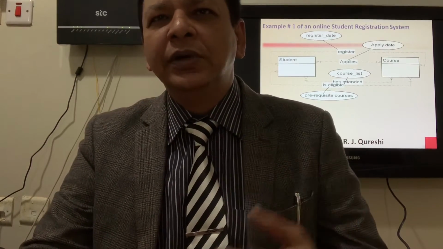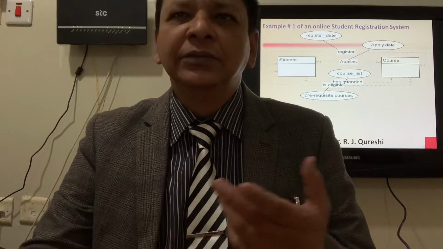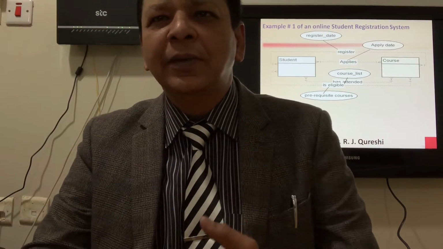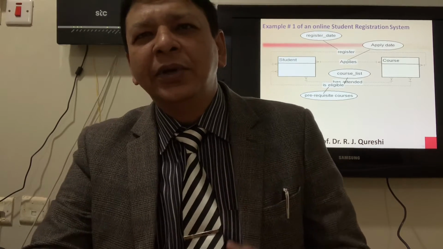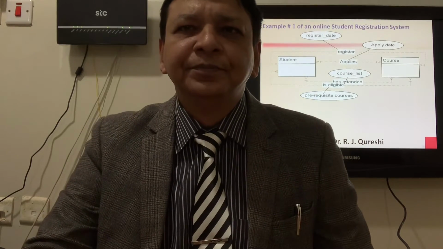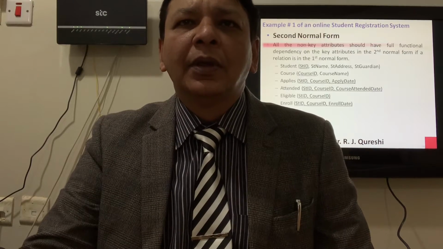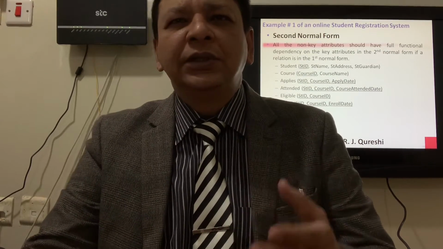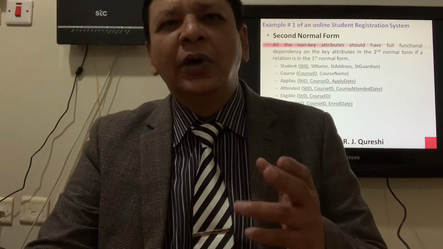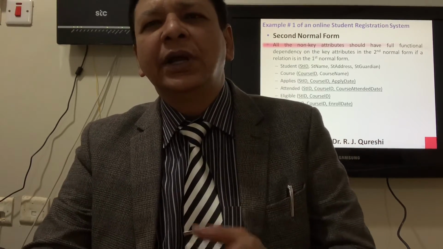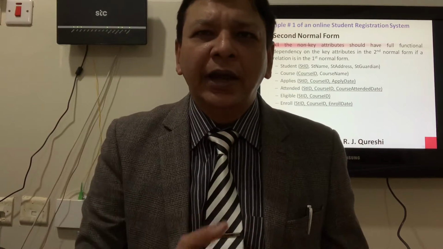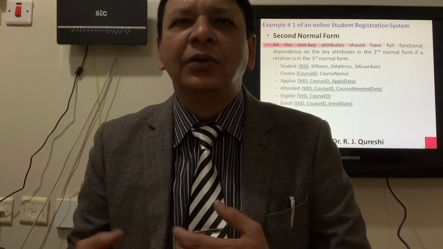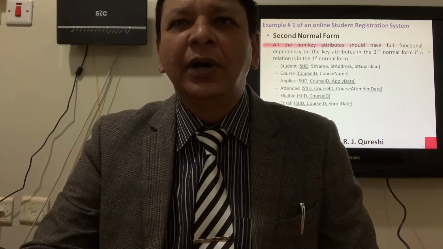So they have their own attributes, like register has registered date, applies has apply date, attended has prerequisite courses attended, eligible. So all the associative entities become tables. So applies: STID, course ID, apply date; attended: STID, course ID, course attended date; eligible: STID, course ID; enroll: STID, course ID, enroll date. So that is the second normal form.